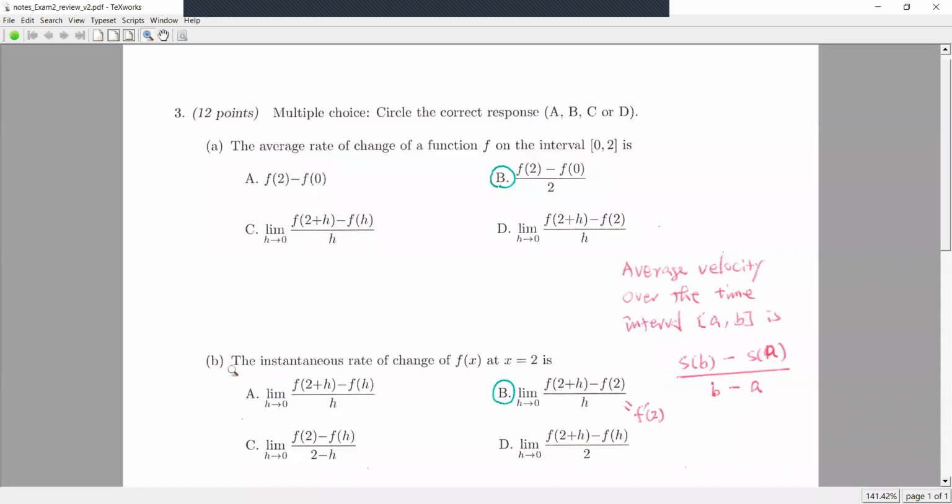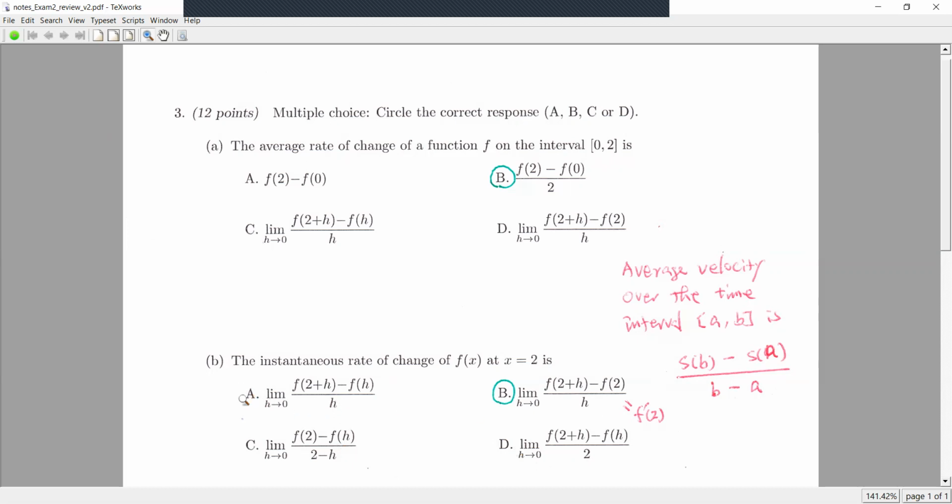Part B. The instantaneous rate of change of function f at a point 2 is b. The instantaneous rate of change of function f at a point 2 should be the derivative of f at 2. By definition, the derivative of f at 2 is this limit. The limits in A, C, and D are close to this limit, but still different.